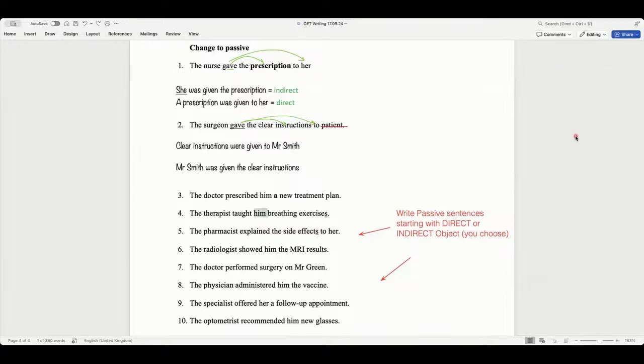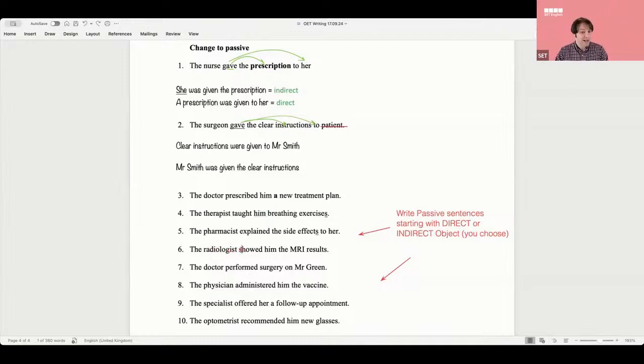Number 6. When I started with MRI, can I use active? Because you said it is like thing. Yeah, the MRI showed. I get it. Yeah, I see what you mean. So in this case, this is the action of the radiologist.